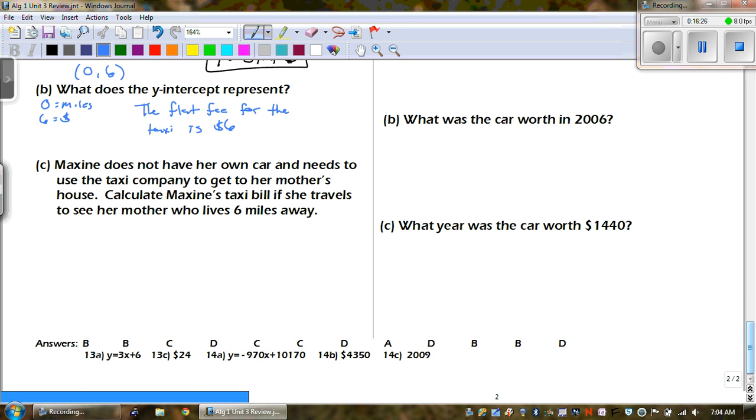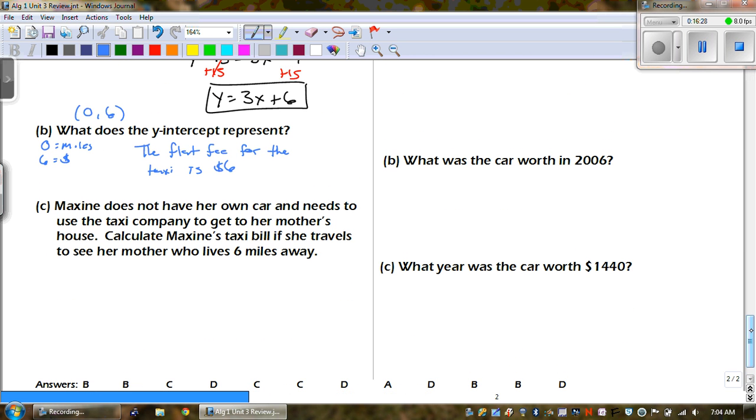All right, and C. It says Maxine does not have her own car and needs to use the taxi company to get to her mother's house. Calculate Maxine's taxi bill. So we got to figure out what the bill is if she travels 6 miles. So we don't know what the bill is. The bill, that's y, and that's our x.